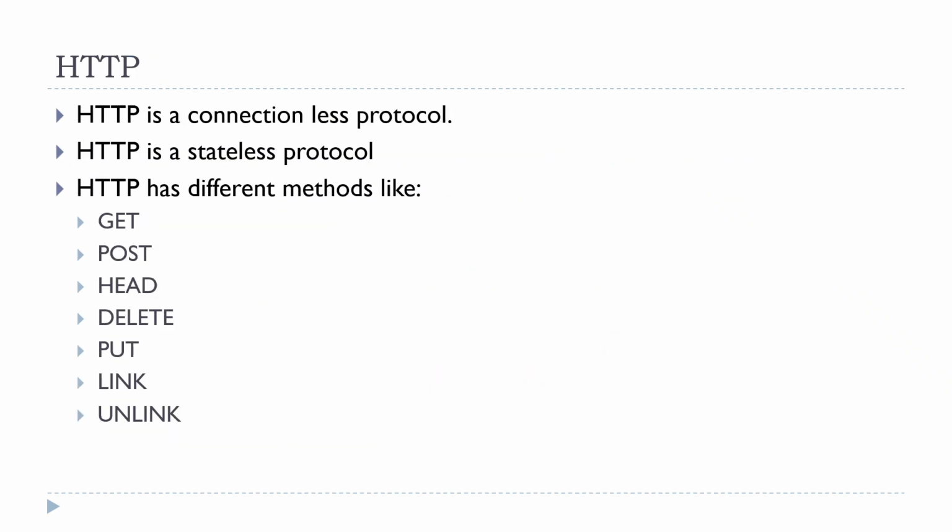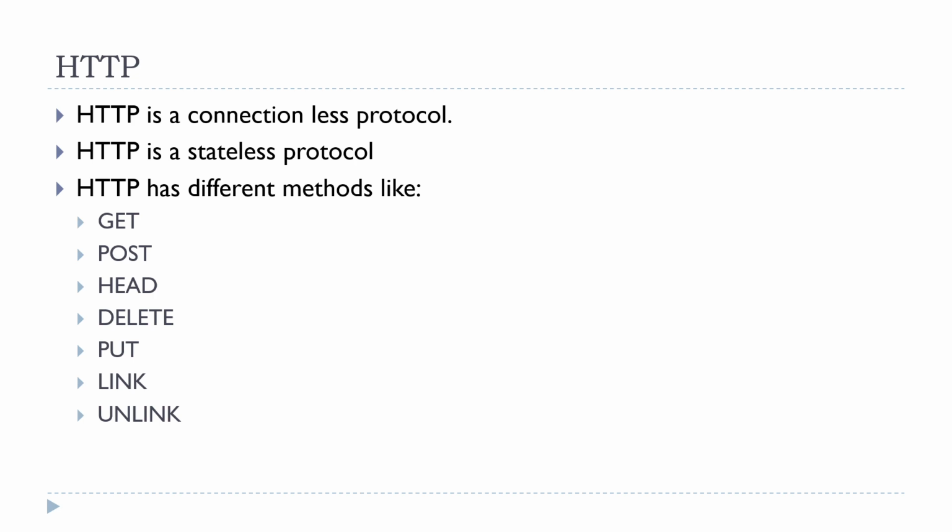Now, HTTP is a connectionless protocol. Connectionless means that after the request is serviced by the server, the connection between the client and server will be disconnected. Like we saw, either the client or the server will disconnect the connection. If the client wants to make a new request, it will again have to establish a TCP connection and then send a new request.